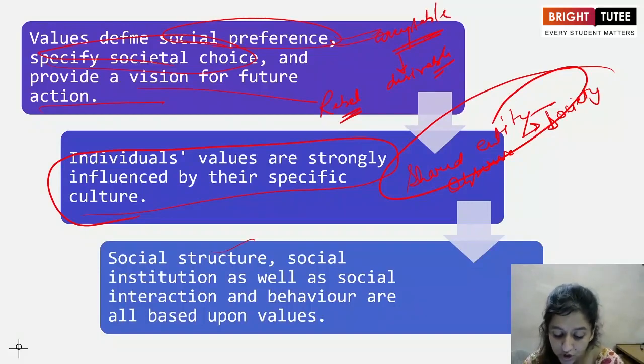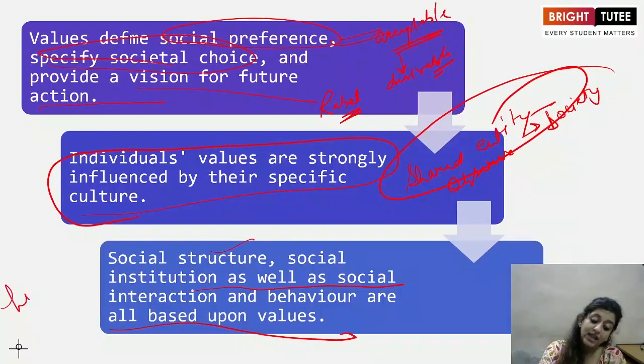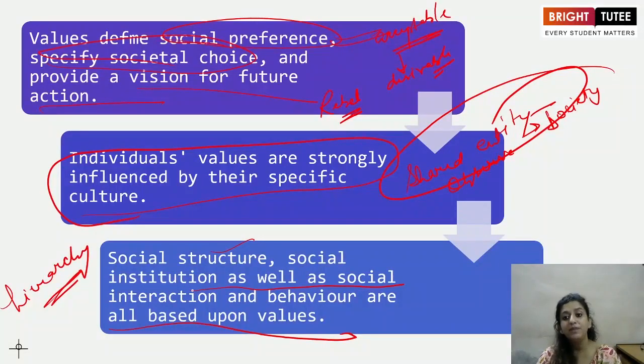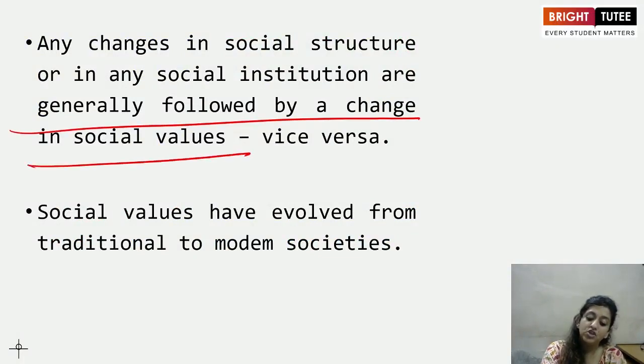The social structure, social institutions, as well as social interaction and behavior are all based upon values. How you interact, if there is any social structure, any social institution, any social hierarchy in your society, all of these depend upon social values. Any change in the social structure or social institution will generally be followed by a change in social values, and vice versa.